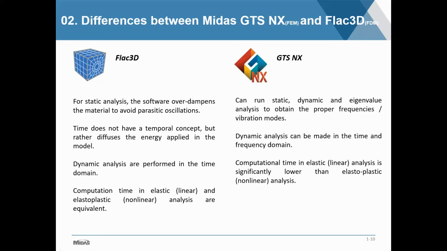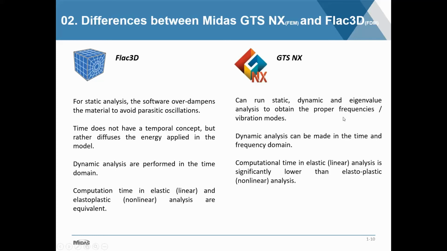A few more differences for Flag. In static analysis, the software will over-dampen the material to avoid parasitic oscillations. So basically, it's treating the static analysis as a dynamic analysis with very, very small time steps. Whereas, as we said, Midas GTS NX can run static, dynamic, as well as eigenvalue analysis in order to obtain frequencies or vibration modes.